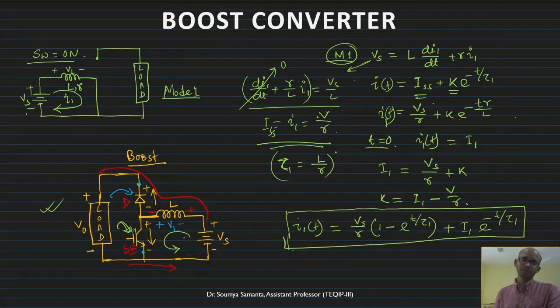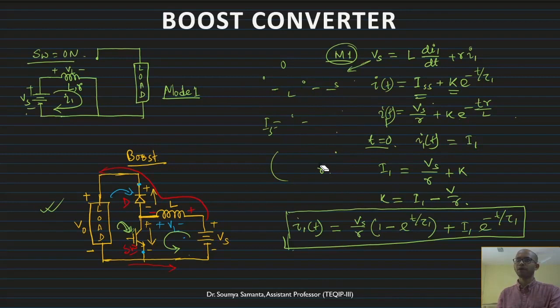Next, the mode 2. I'll explain the mode 2. What is the expression for the mode 2? Let me erase this part. If I draw it, that is L by R. Let me write it down at right side and draw it here.